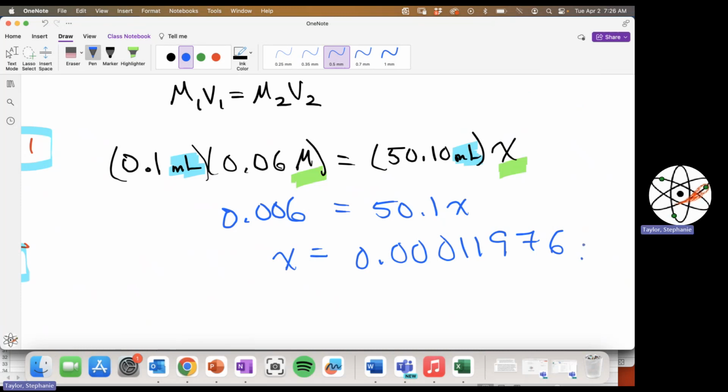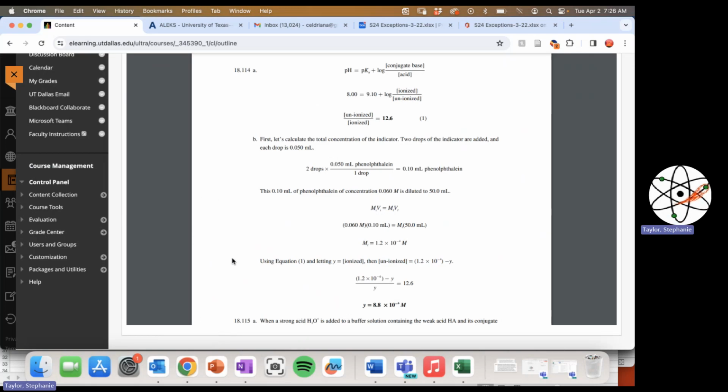This is the molarity of my phenolphthalein in the beaker at the beginning, and this should be all I need to do. That's my total molarity of all of my phenolphthalein. What's it going to make me do?